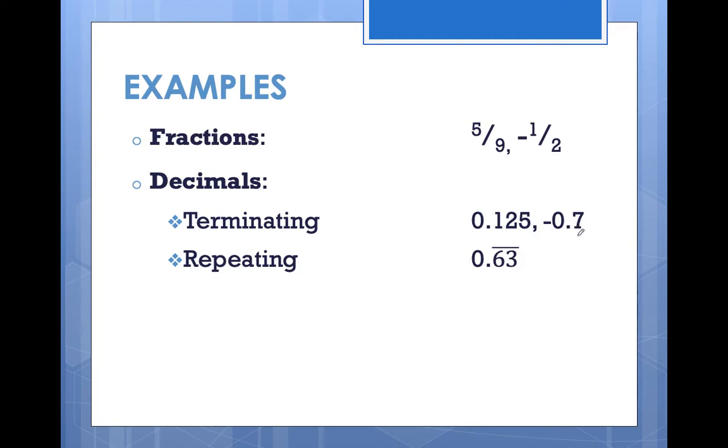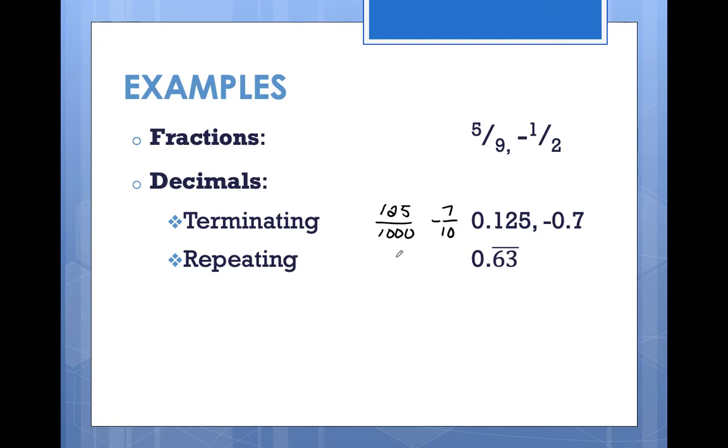There is an ending, it does not continue. These can be written in the form a over b. For example, for the first example of 125 thousandths, you can write that as the form a over b, like a fraction. For -7/10, you could also write that in the form a over b.